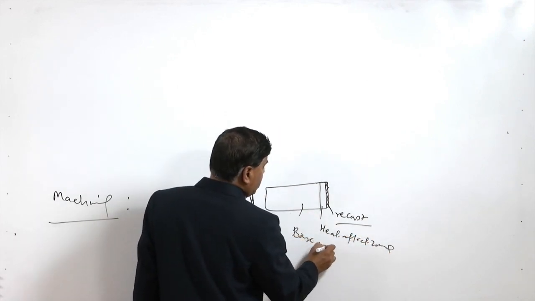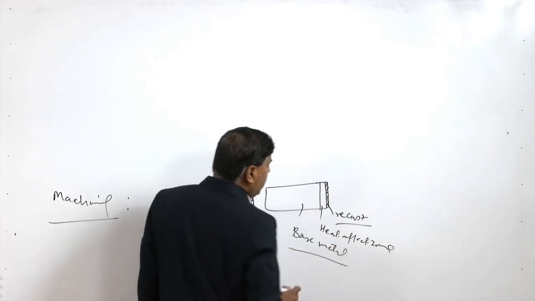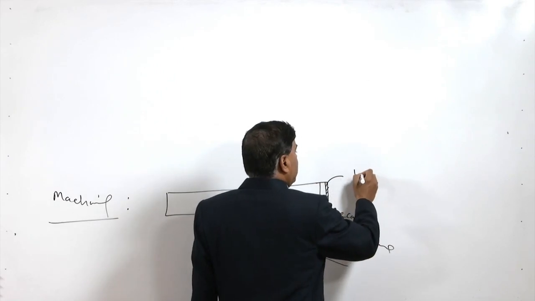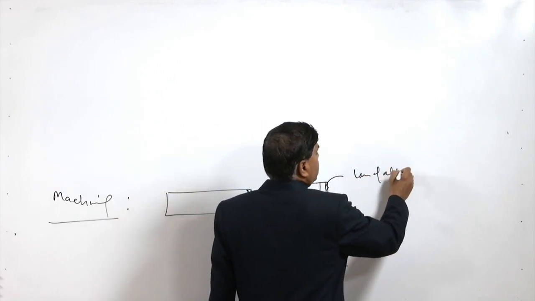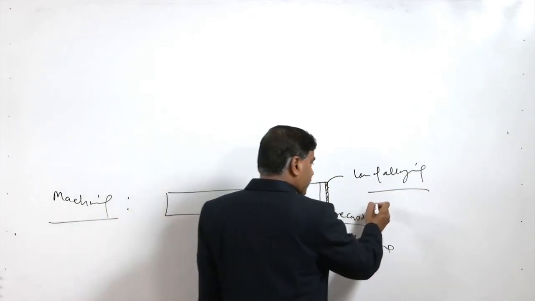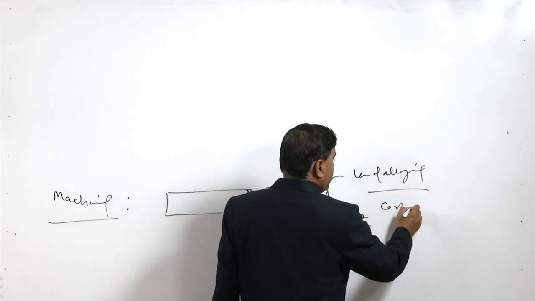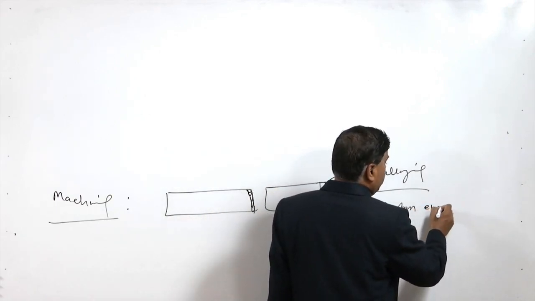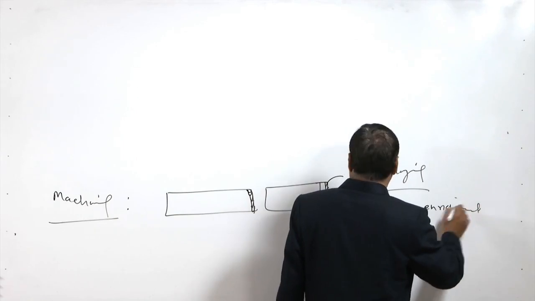These are the three regions which will be there. Sometimes, as per the method being used, there can be loss of alloying elements from this layer, and there may even be carbon enrichment if a carburizing flame is used.